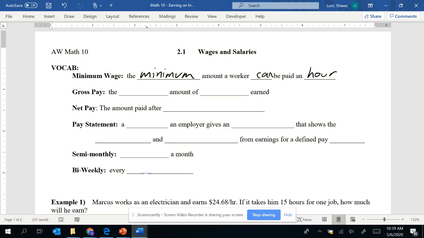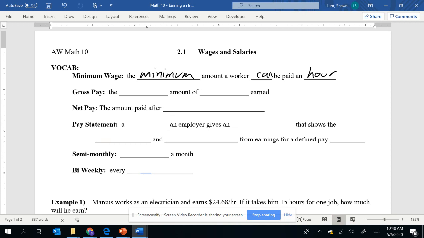So it cannot be that you get half a cent for every kilo of grapes that you pick, because under reasonable circumstances, that person will never be able to make minimum wage. So it has to be a number that is the equivalent to minimum wage. And that goes for all types of pay as well, so salary and all that kind of stuff.